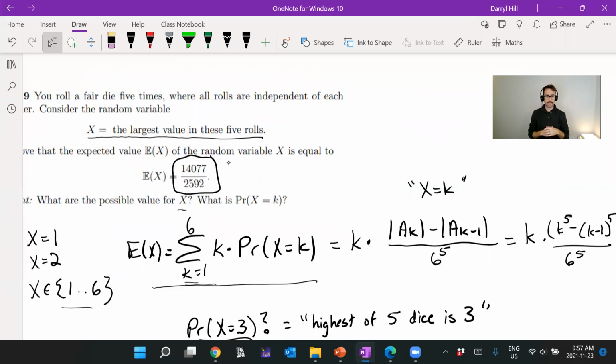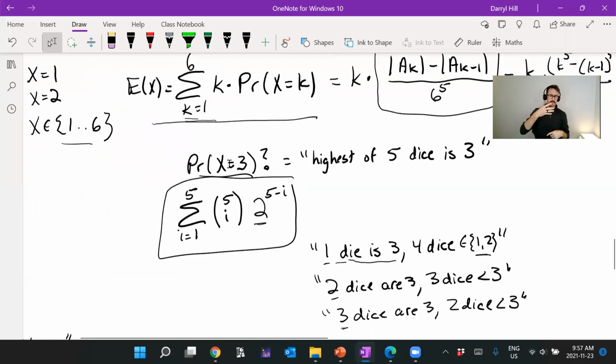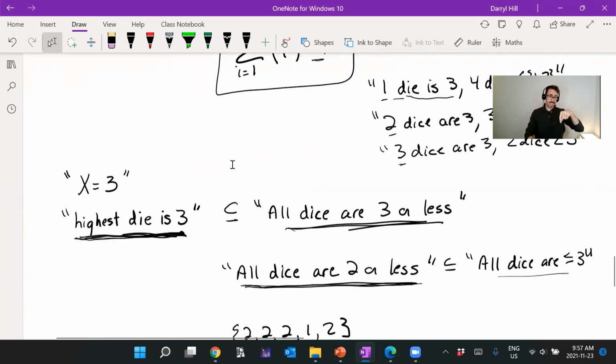Is the right one the subset? On this part here, you mean? I was just talking about if you scroll down a little bit. Oh, down here. Yeah, like with the subset words. Yeah, so the highest die is 3 is a subset of all dice are 3 or less. Wouldn't it be the other way, since the highest die being 3?